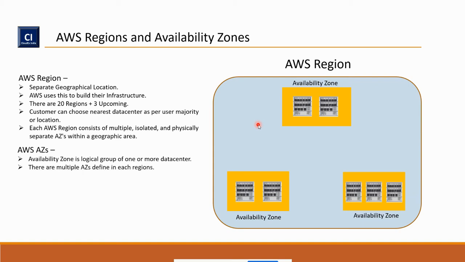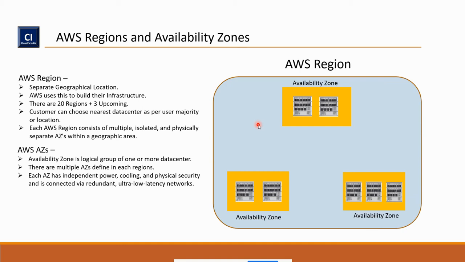So there are multiple AZs defined in each region, as I said. Any AWS region has at least two availability zones, and there may be more than two, depending on the business demand.